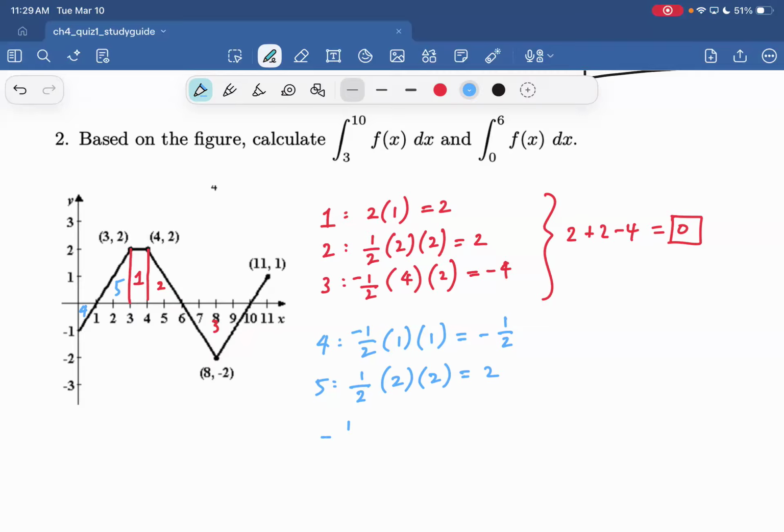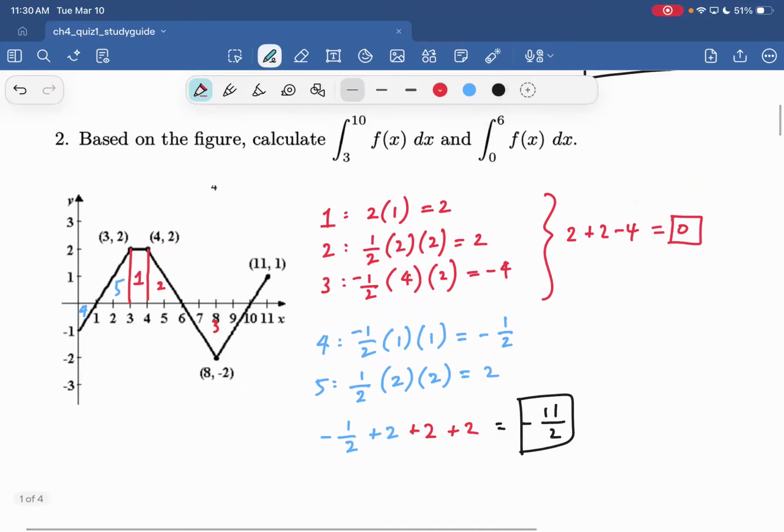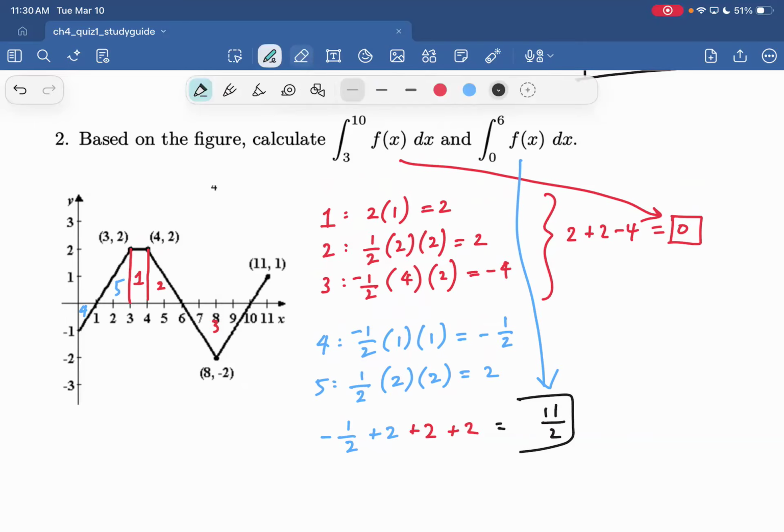And so that's -1/2 plus 2 plus 2 plus 2, which is equal to 11/2. Sorry, it's positive 11/2, not negative.